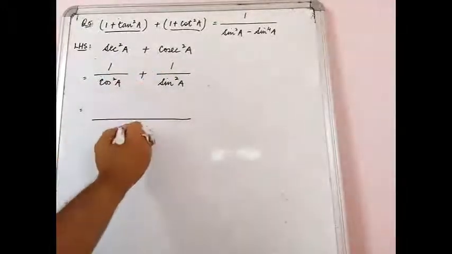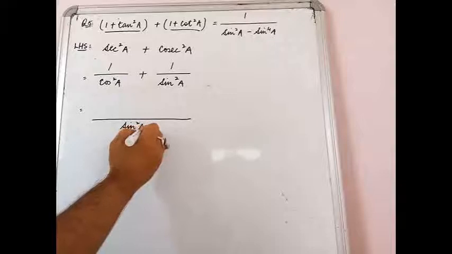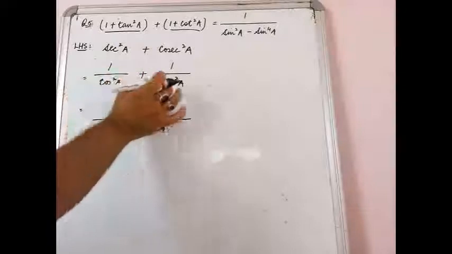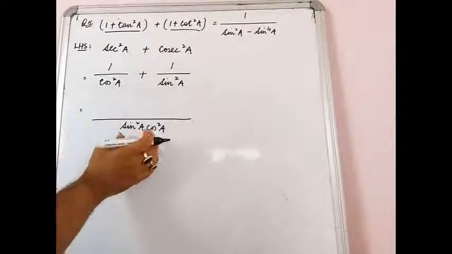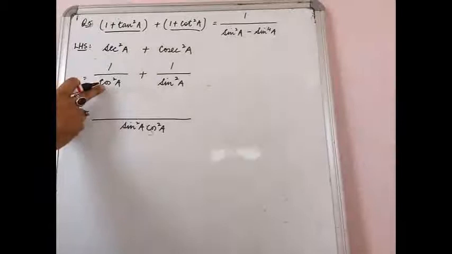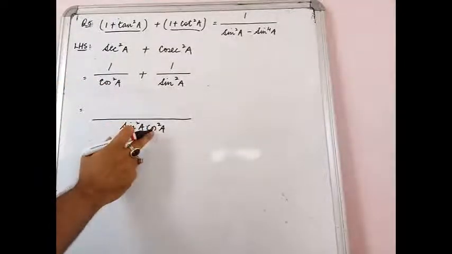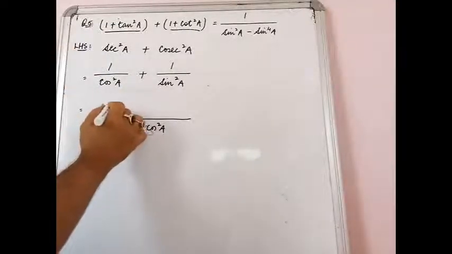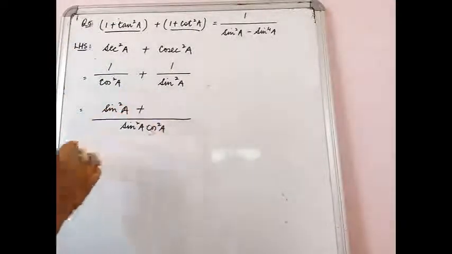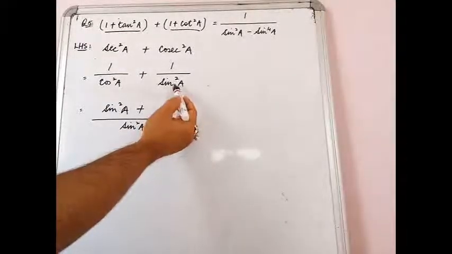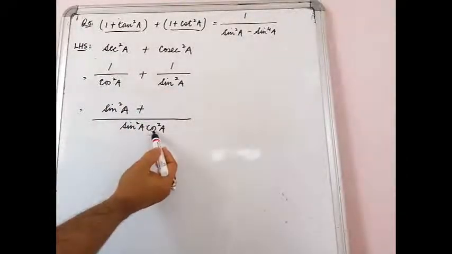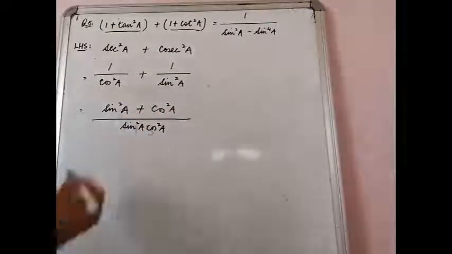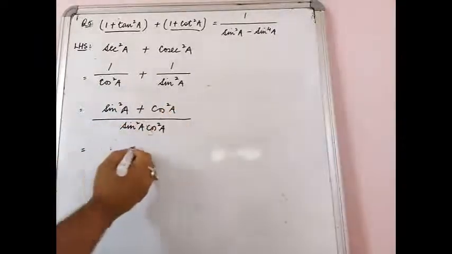Okay, so in the next step what I can do is, I can take the LCM. So the LCM will be sine square A cos square A. Now read the table. Cos square A, 1's a cos square A. So what we are left with is sine square A. Sine square A into 1 will give you sine square A, plus, read the table of sine square A. Sine square A, 1's a sine square A. So we are left with cos square A. Cos square A into 1 is cos square A. Sine square A plus cos square A is nothing but 1.